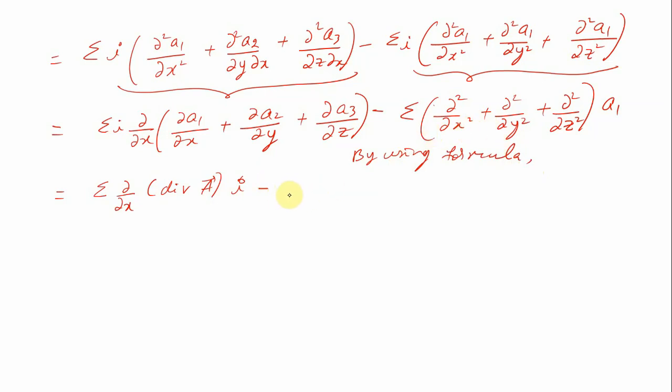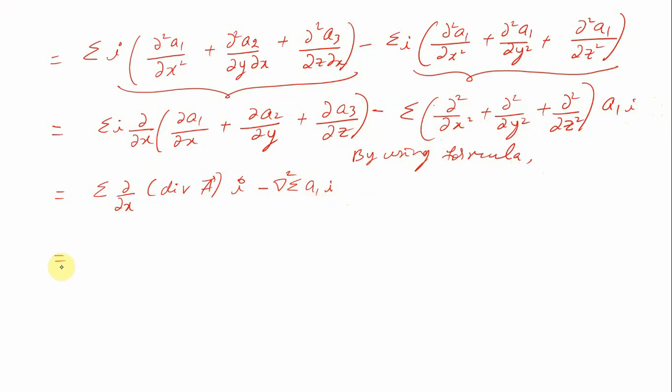So this is going to become just summation, I will take del square a1 i. Yes friends, I will take a1 i. This is how you have to simplify very easily. You can see we will get the answer.